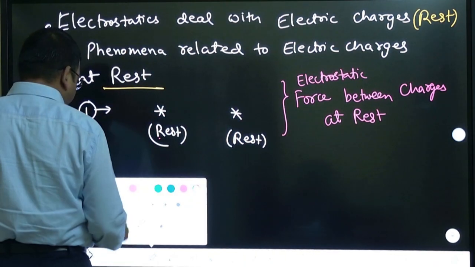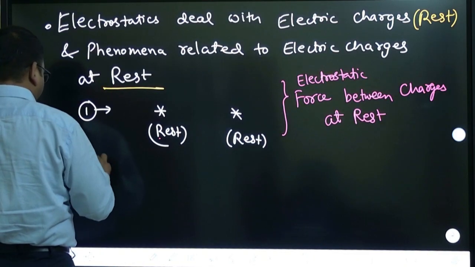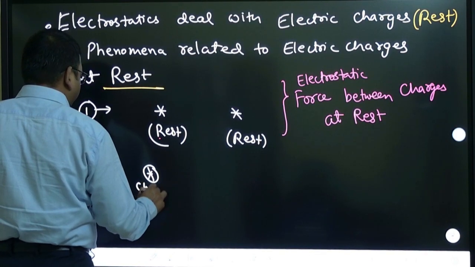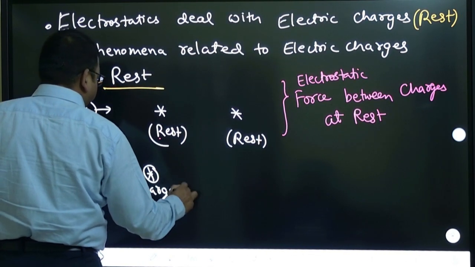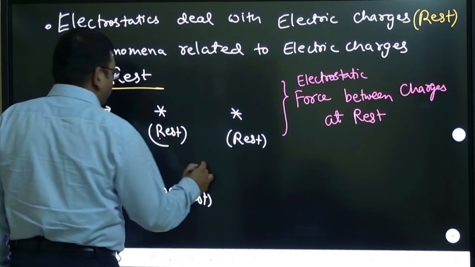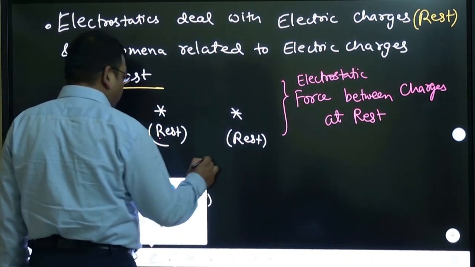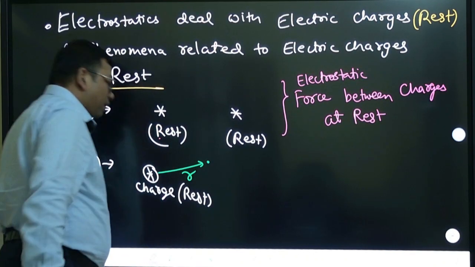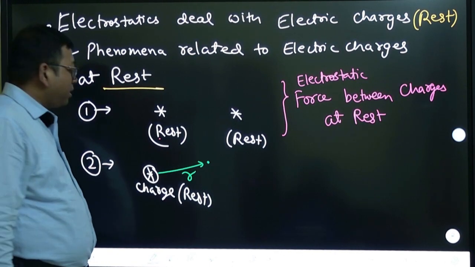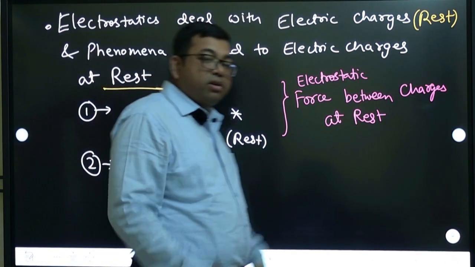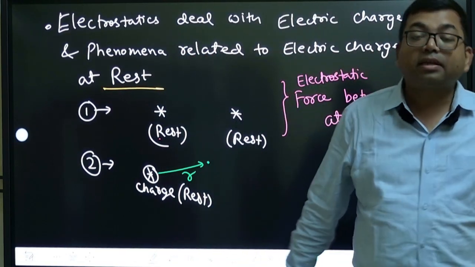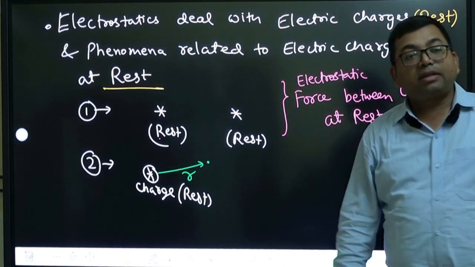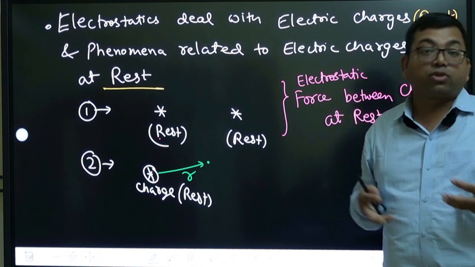Then another thing is that charges which are at rest can also produce an electric field. Suppose there is a charge and this charge is at rest. At any point, let us say at distance r from it, it will produce an electric field or show an electric effect. What is an electric field or electric effect? If you bring any other charged particle to that point, it will experience a force. Why?